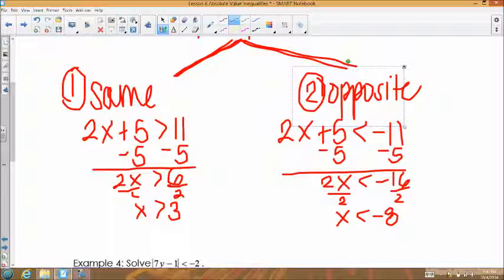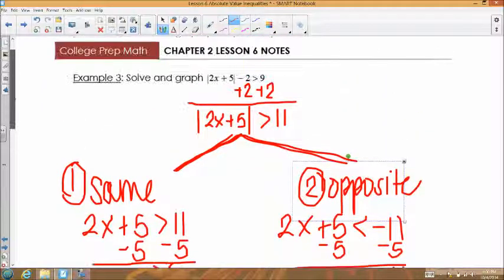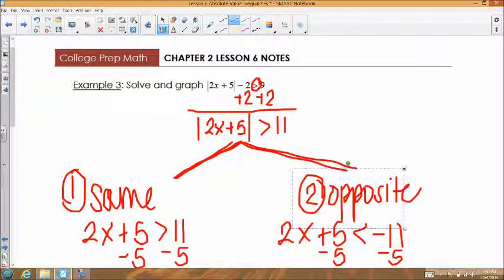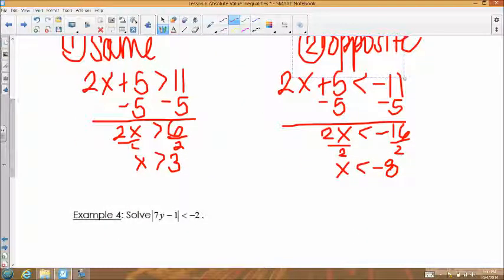So we get our two solutions, and we're expecting this to be an OR situation because of how we started. The absolute value was greater than, we had the greater than symbol. But just to make sure, it's always good to graph and take a look. So we have -8 and 3 on our number lines. We're going to have open circles at both of those.